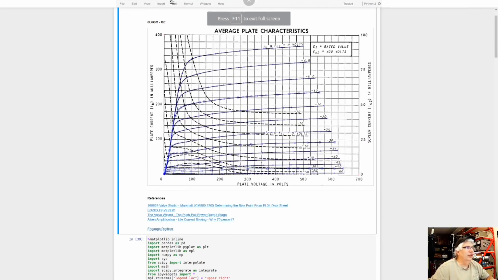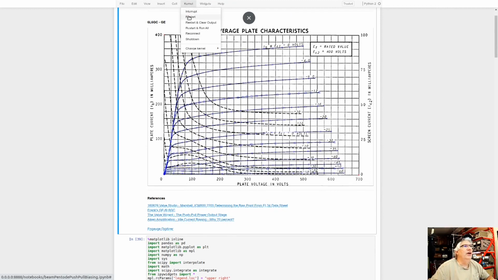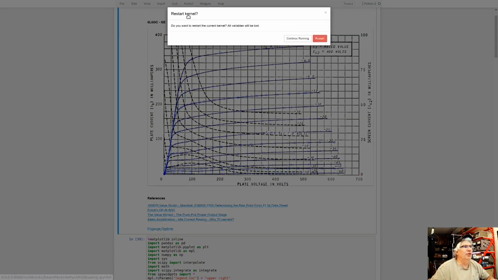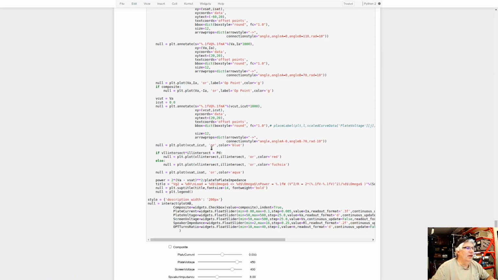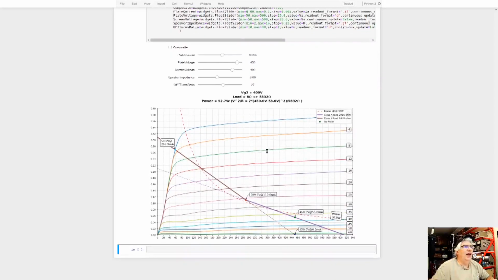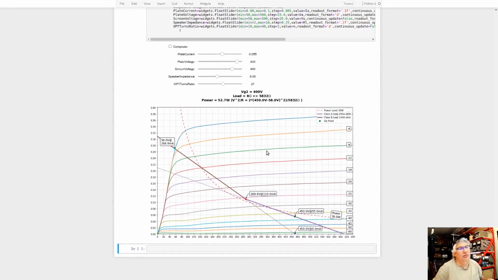I'm going to go full screen. I'm going to run all these cells. This is, like I said, a Jupyter notebook, and we are going to run all the cells, and we're going to come down to this last cell, which is where we are going to do all of our analysis for what we're going to cover today.